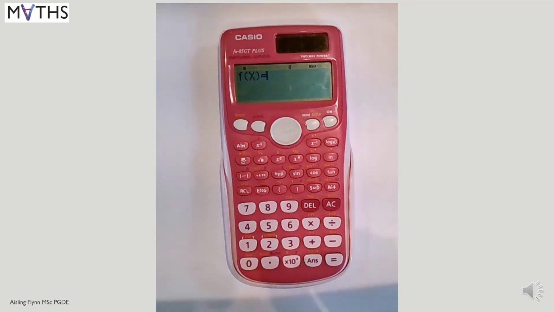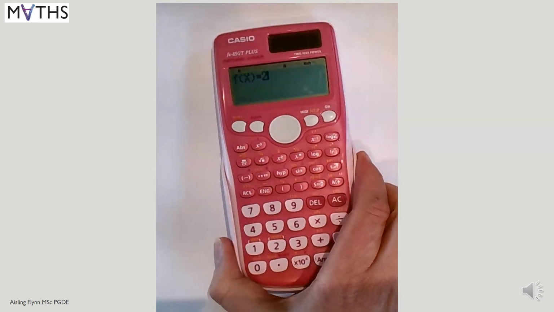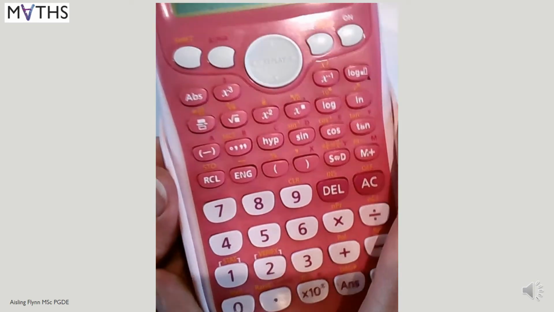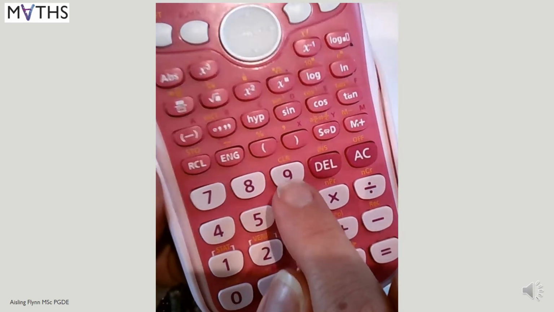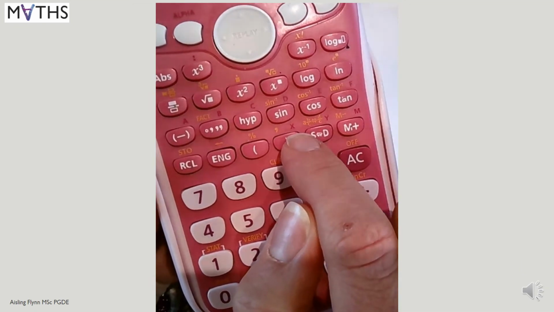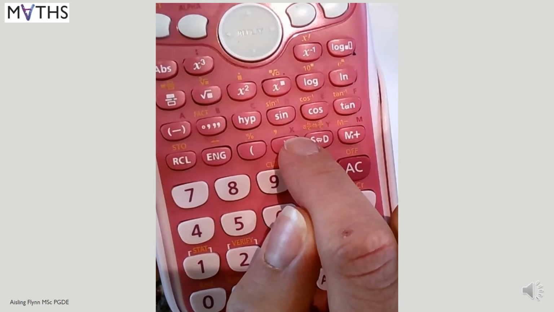Here you see we have f of x equals, so it wants us to type in our function. If you recall, the function was 2x minus 1, so that's 2. And to type x on your CASIO calculator, you see it here written in red. It's not the best visibility on the pink calculator.